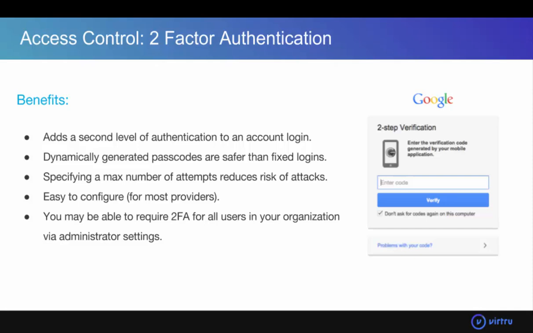Most all mature software vendors and email providers will provide this capability. What this is, above and beyond your user ID and your email, there is a second process that needs to go through for that authentication to happen. So this is a second level anytime someone will access a system for the first time.